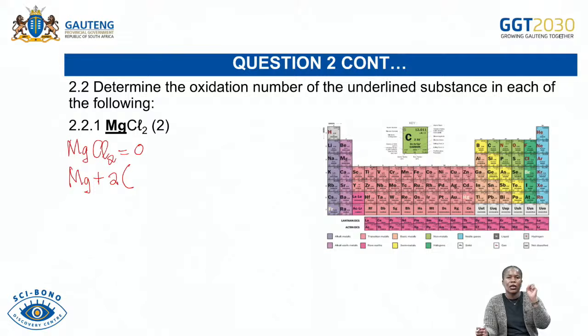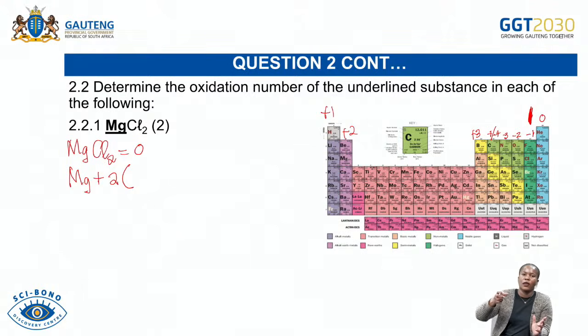Let me assign the general deduced charges of the ions here: positive 1, positive 2, positive 3, positive or negative 4, then negative 3, negative 2, negative 1, and then 0. Because we are looking for chlorine, there is our chlorine over here, so it has an oxidation number of negative 1.